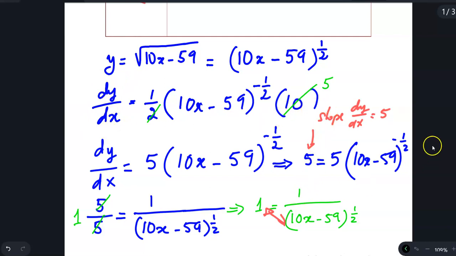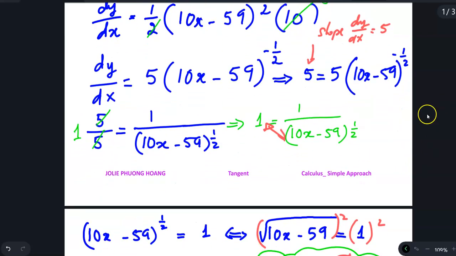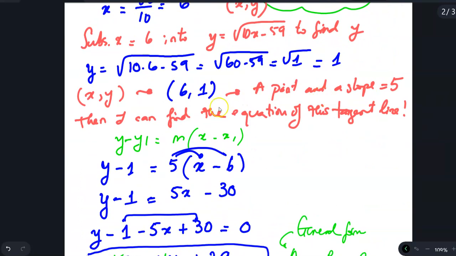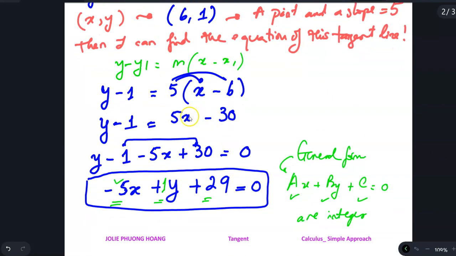Substitute the given slope, and we come up with this equation here. We solve for x. After we get x, we substitute into the original equation to solve for y. Now we have a point and a slope, and we can substitute them in and find the equation, and then we convert it into the equation in general form.